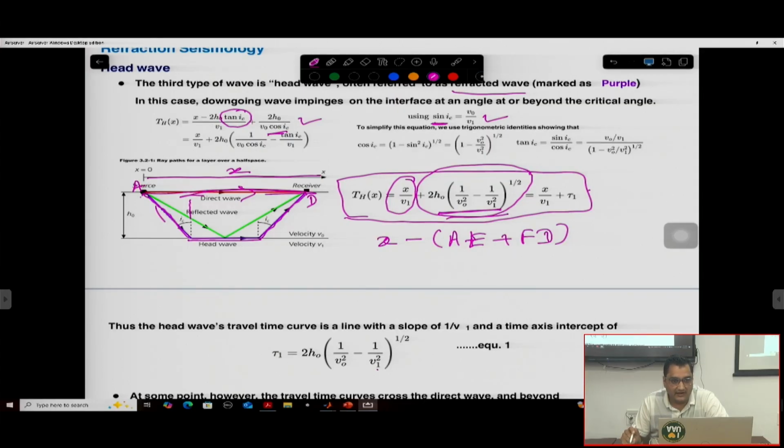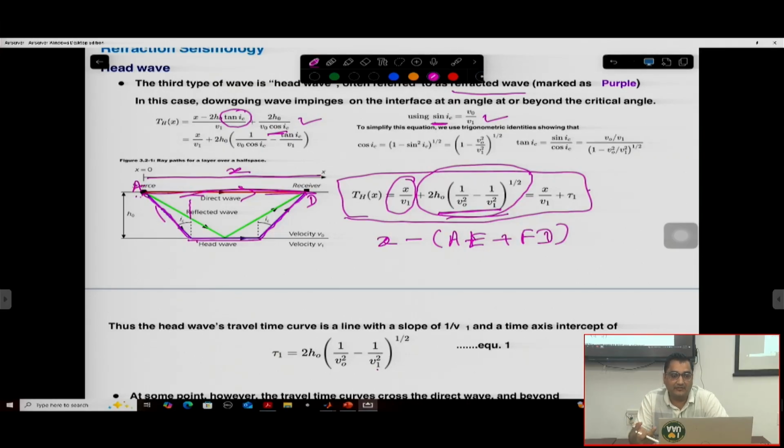But as you go far in distance, as x keeps on increasing, the head wave will start to come earlier. So we want to find the minimum distance at which the head wave comes earlier than the direct wave. That will be known as the crossover distance.